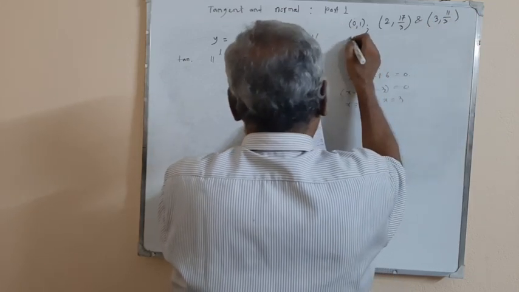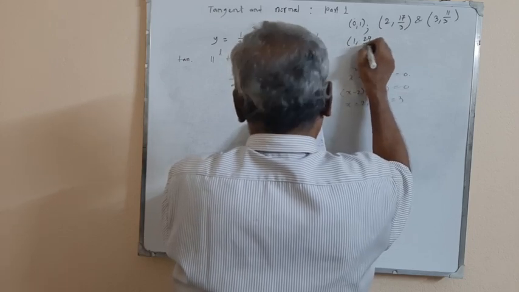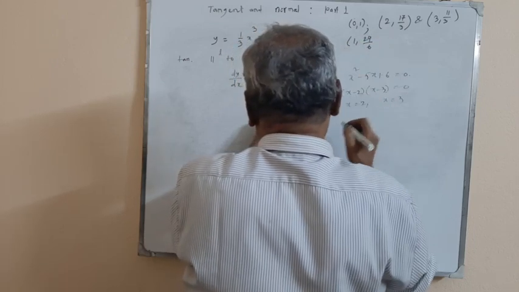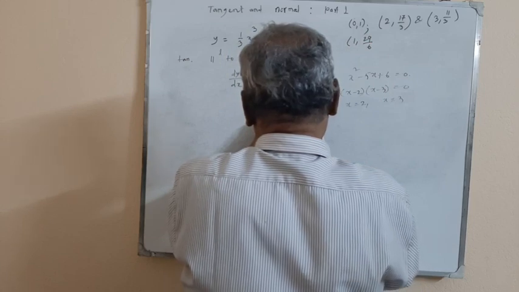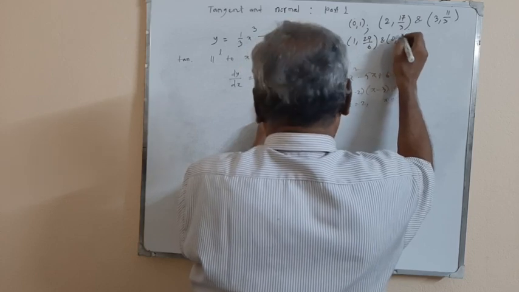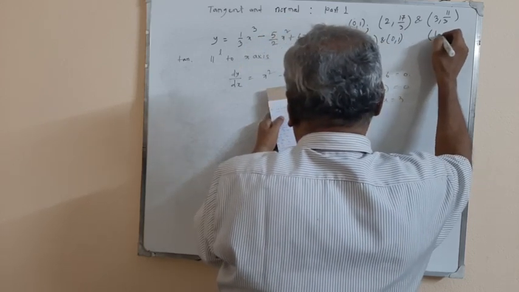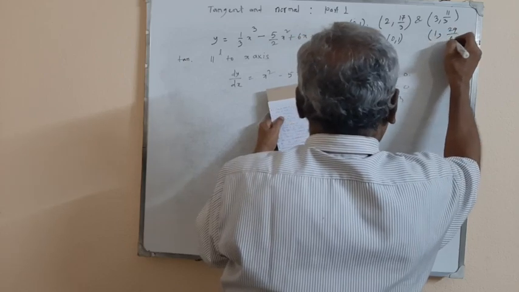Third option is (1, 29/6) and (0, 1). And fourth option is (1, 29/6).